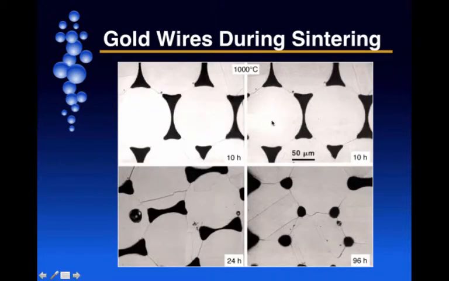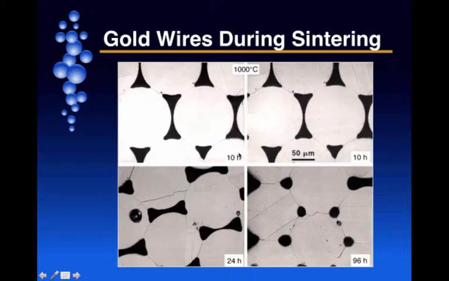Let's take a look at these gold wires, a cross section of which can be seen over here. At 1000 degrees centigrade, these two microstructures are both the same, and they've been heated for about 10 hours. These are relatively large wires, and you can see the formation of these kinds of bonds between the wires, and you can see these kinds of pore shapes.